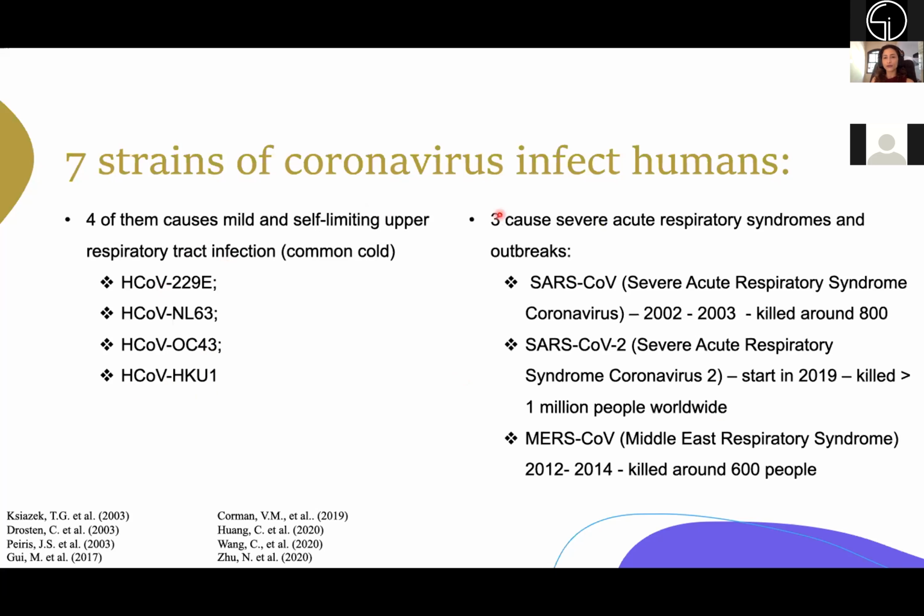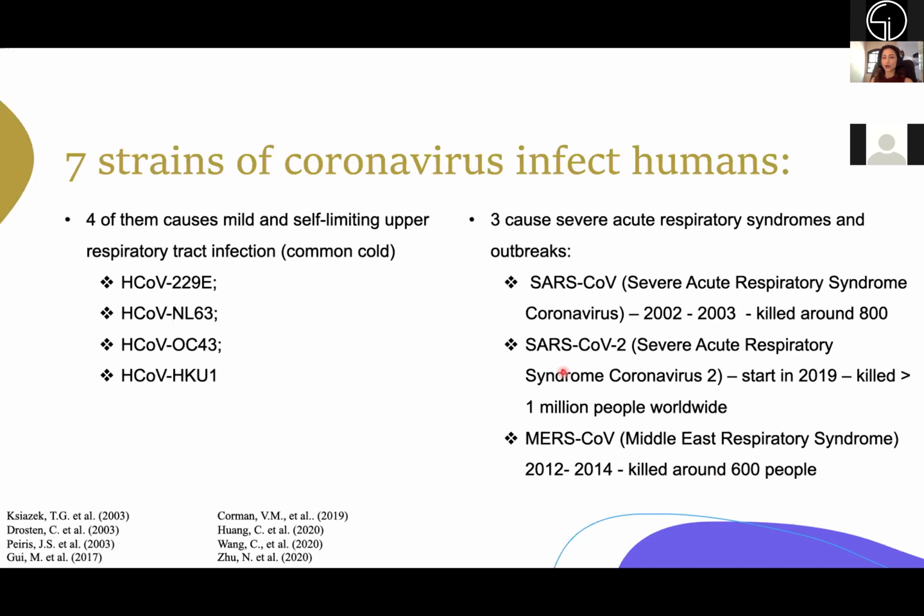But 3 of them cause severe acute respiratory syndrome and outbreaks, as happened with SARS-CoV-1, which killed around 800 people in 2002-2003 in China. The MERS, Middle East respiratory syndrome, killed 600 people in the Middle East in the period of 2012 to 2014.